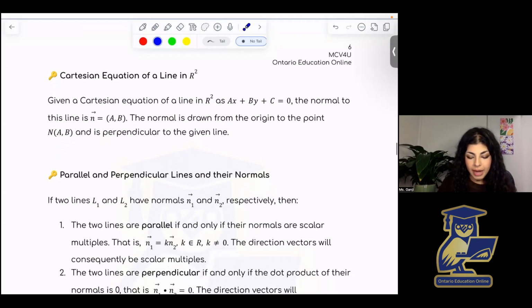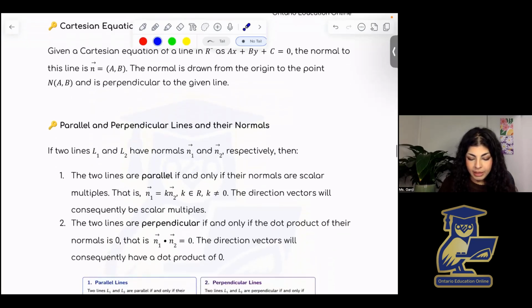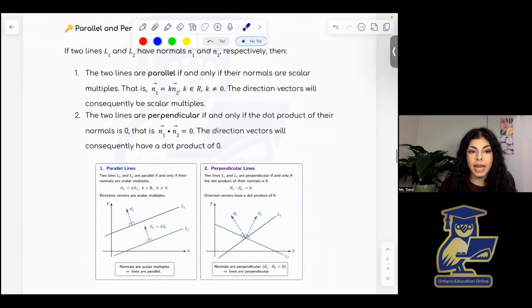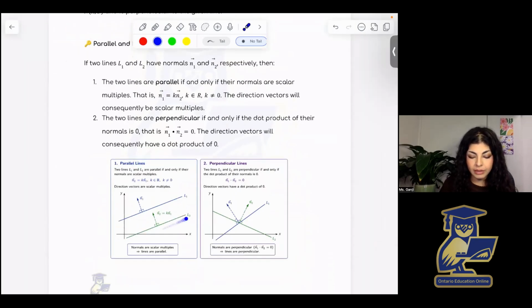Now, from there, and I'll use my diagrams here for this, if we have two lines, L1 and L2, and they have normals that are vector n1 and n2, then these two lines are said to be parallel if and only if their normals are scalar multiples.